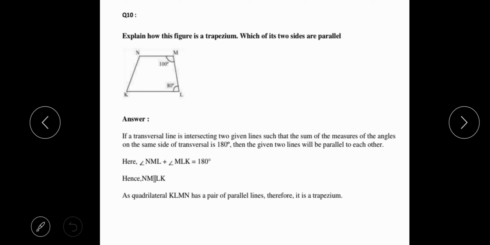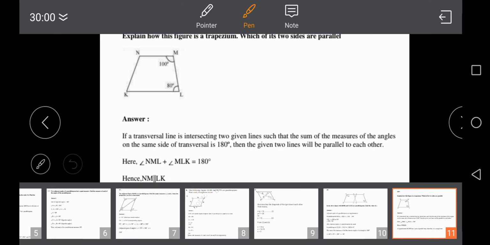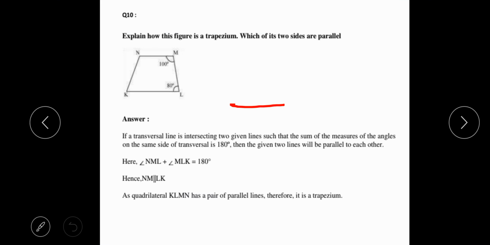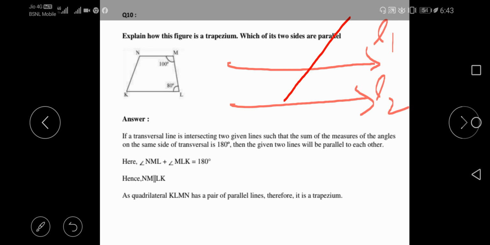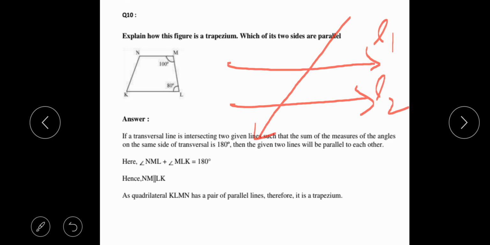And also you should know about this, which you already studied in 7th standard: if two lines are there, L1 and L2, and M is a transversal, then these two angles are equal to each other.